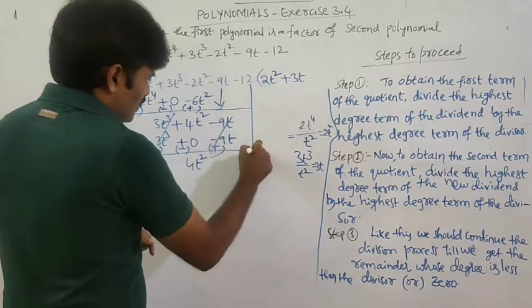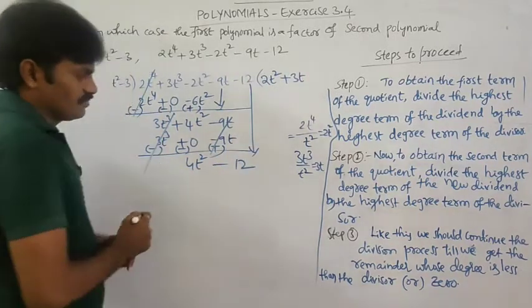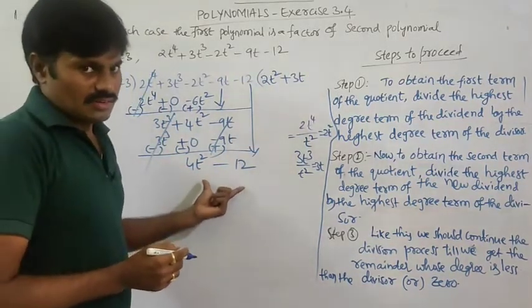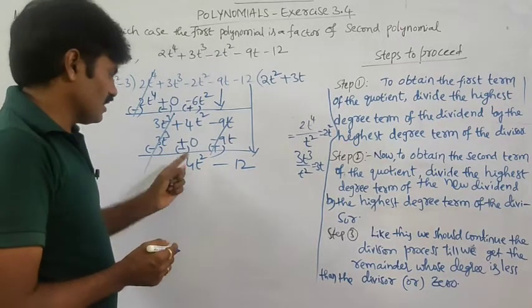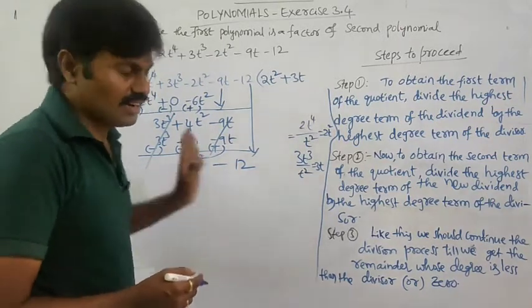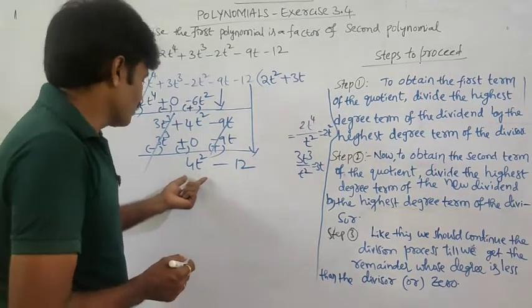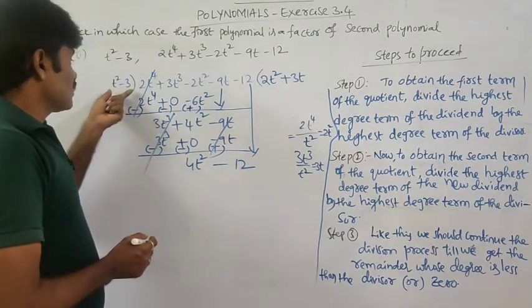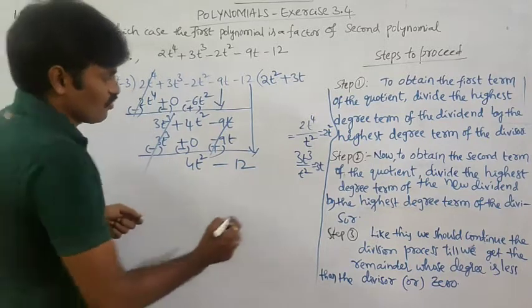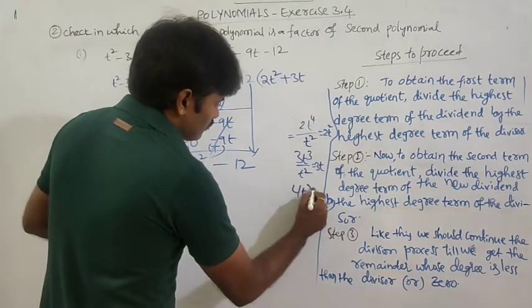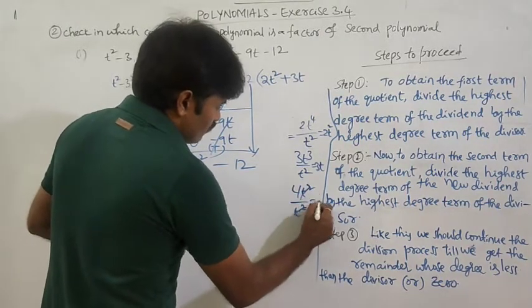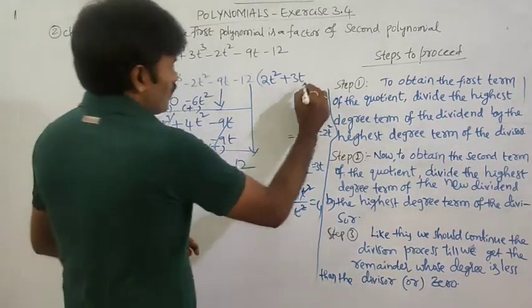Now bring down the next term, that is minus 12. It is a new dividend. Are these arranged in decreasing order of their degree or not? Yes. What is the highest degree term in this? 4t square. What is the first term of the divisor? t square. So 4t square by t square gives 4. So it becomes plus 4.